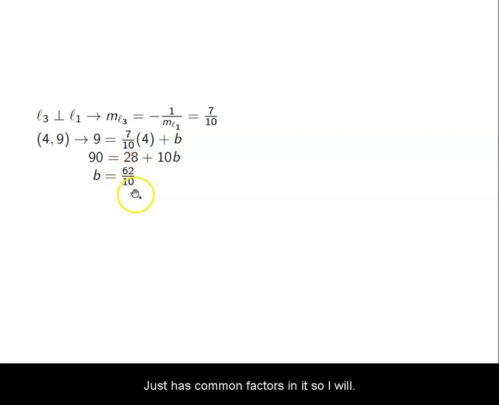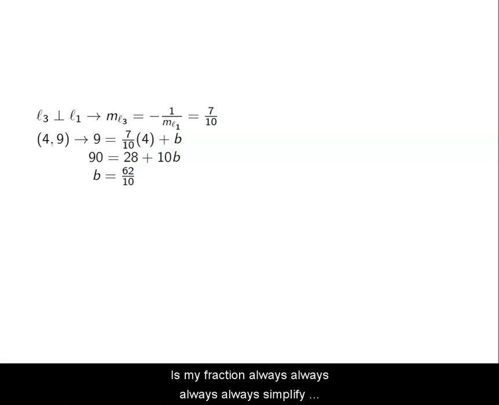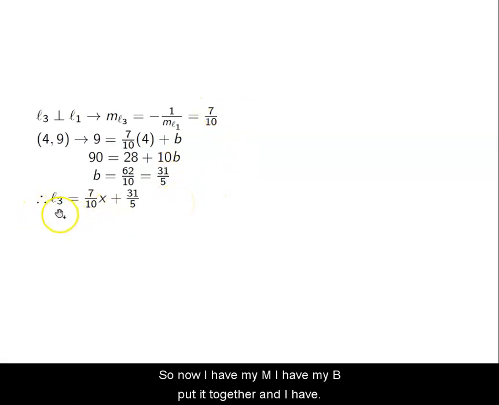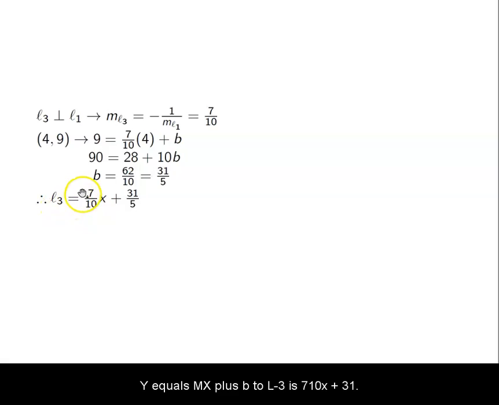This has common factors in it, so I would reduce my fraction. Always simplify your fractions in this class. So that'll be 31 over 5. So now I have my m, I have my b, put it together, and I have y equals mx plus b. So L3 is 7/10 x plus 31 over 5.